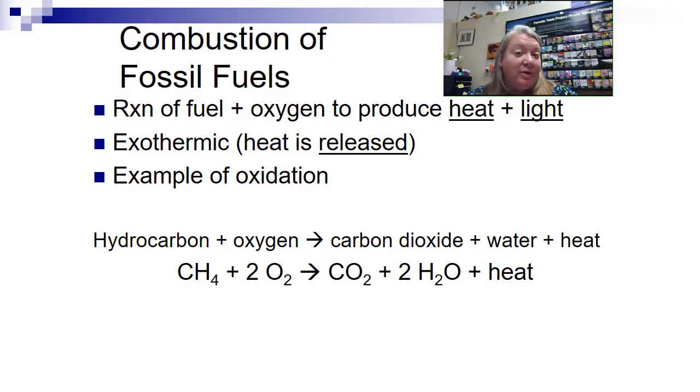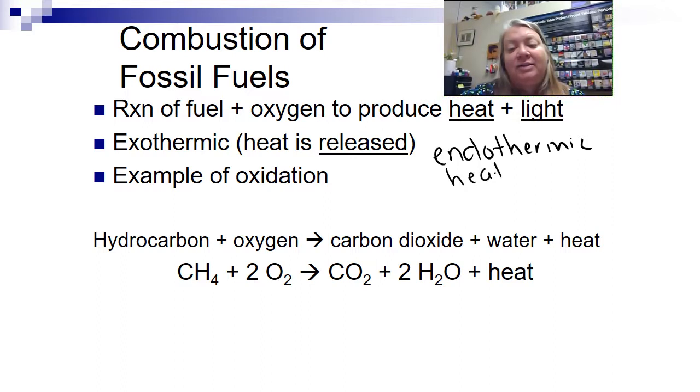Now, this particular reaction is considered to be exothermic. Exothermic, that just means that heat is released. The opposite of exothermic is endothermic. Endothermic means that heat is absorbed. So the most common endothermic reaction you may have seen, if you've ever played sports and they had the cold packs where you hit it and it instantly starts to get cold, that's endothermic.